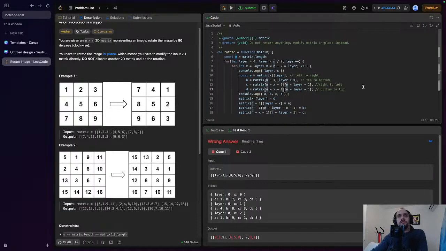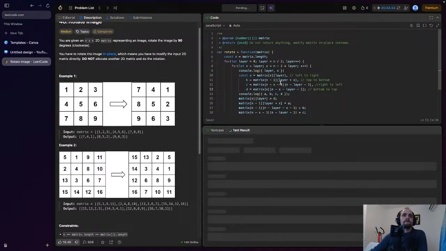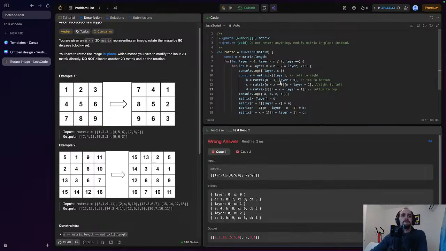Or D, which is bottom to top. This should be X. N is minus layer minus X. Right.